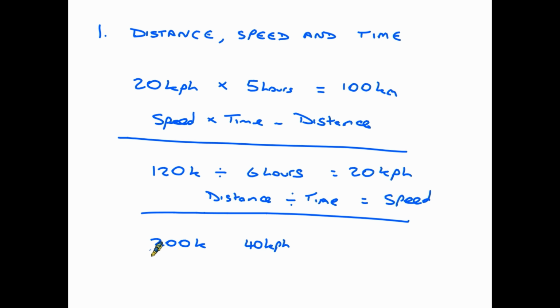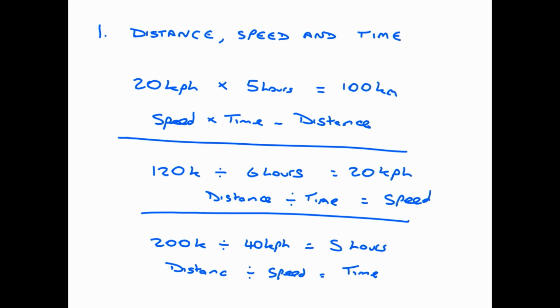So if we've travelled a total of 200 and we've managed 40 kilometres each hour, if I take the 200 and divide by 40, that means we have been travelling for 5 hours. So in this one we've got distance divided by speed equals time. All a little bit complicated and quite easy to confuse.